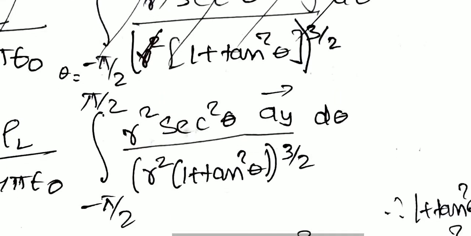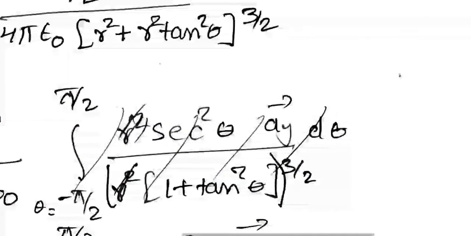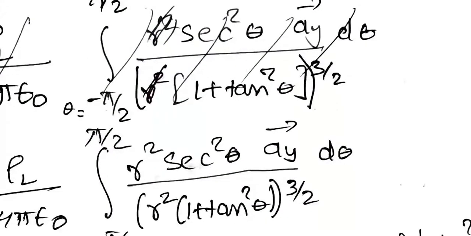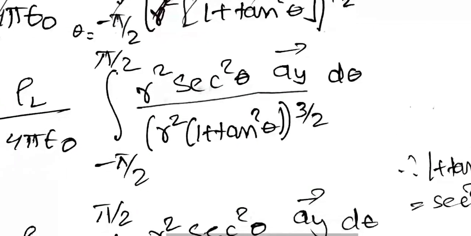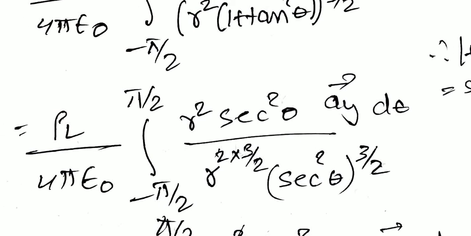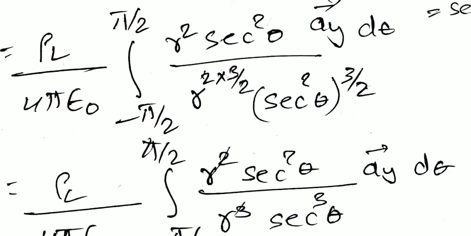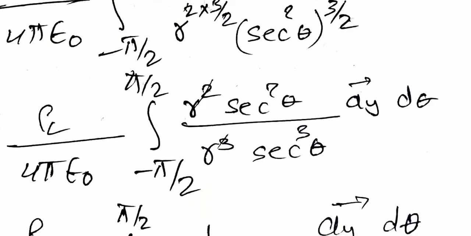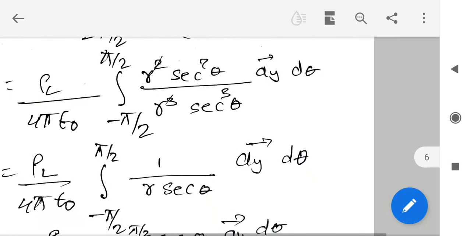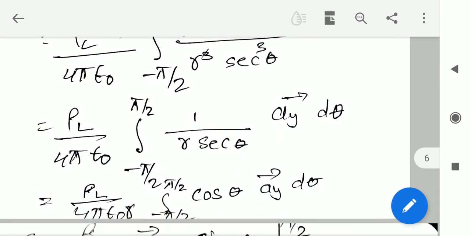So we have r square secant square theta to the power of 3 by 2, and this 3 by 2 power will cancel with the 2. So r to the power of 2 into 3 by 2 becomes r cube, and secant square theta to the power of 3 by 2 becomes secant cube theta. After doing some mathematics, we have 1 by r secant theta.